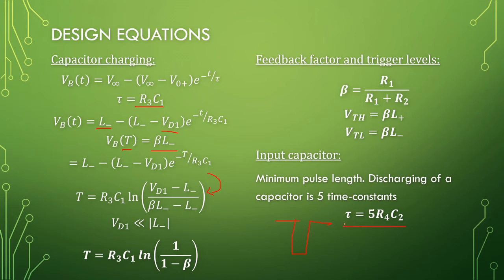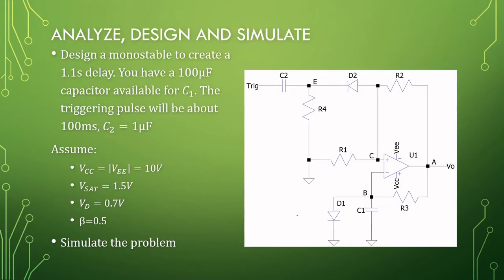Okay, so time for a problem. Design a monostable to create a 1.1 second delay. You have a 100 microfarad capacitor available for C1. The triggering pulse will be about 100 milliseconds and use a 1 microfarad capacitor. Okay, so we have a value for C2.